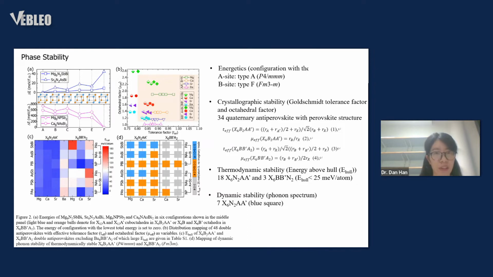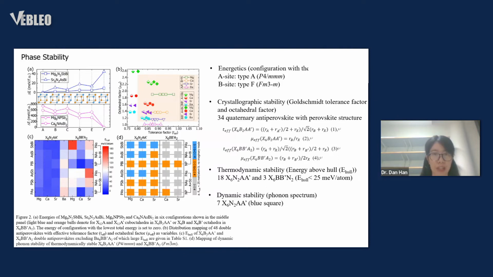Since antiperovskite still maintains the structure of perovskite, double antiperovskite should satisfy the crystallographic requirements: a good Goldschmidt tolerance factor and octahedral factor, which leads to the discovery of 34 quaternary antiperovskites with perovskite structures. This is a geometry constraint.